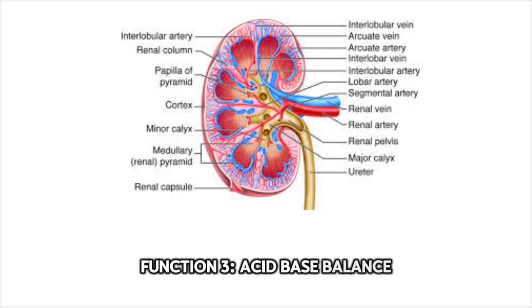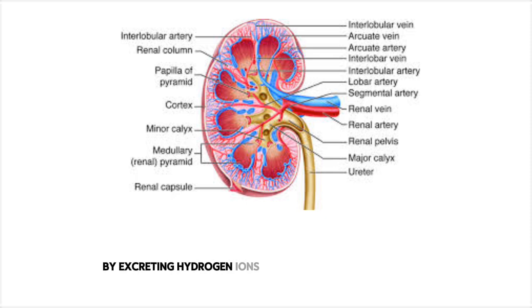Acid-base balance. By excreting hydrogen ions and reabsorbing bicarbonate, the kidneys maintain blood pH at approximately 7.4. The next function is blood pressure regulation. The kidneys release the enzyme renin, which initiates a hormonal pathway, the RAAS system, to increase blood pressure when it drops too low.